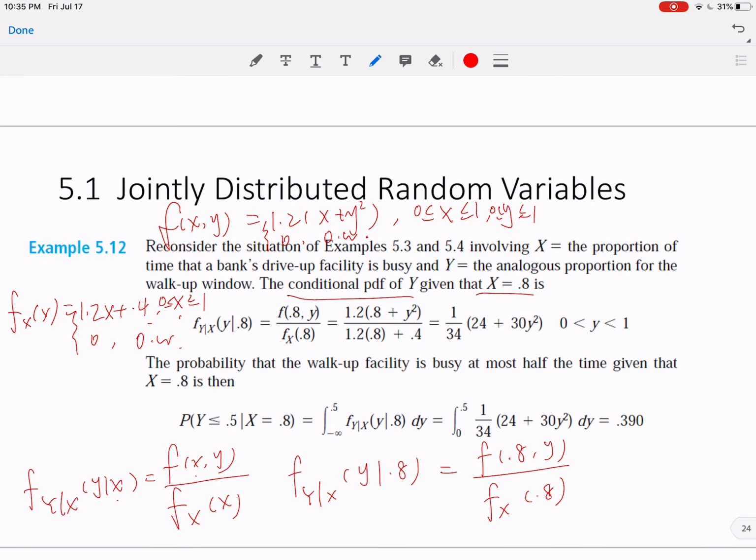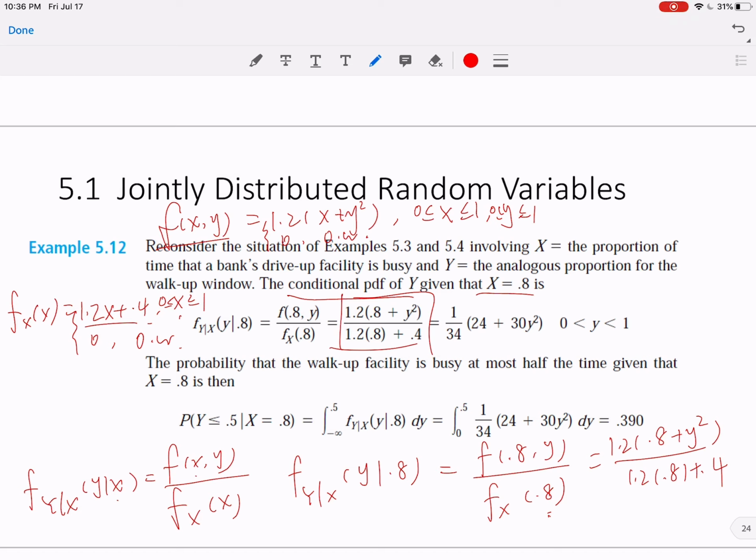What do we need to do next? We plug the 0.8 and y back into the joint PDF, replacing x with 0.8. It's going to be 1.2 times (0.8 plus y) squared, divided by the marginal PDF, where we plug 0.8 back in because 0.8 is between 0 and 1, so it qualifies. That is 1.2 times 0.8 plus 0.4, exactly the same thing we got over here.